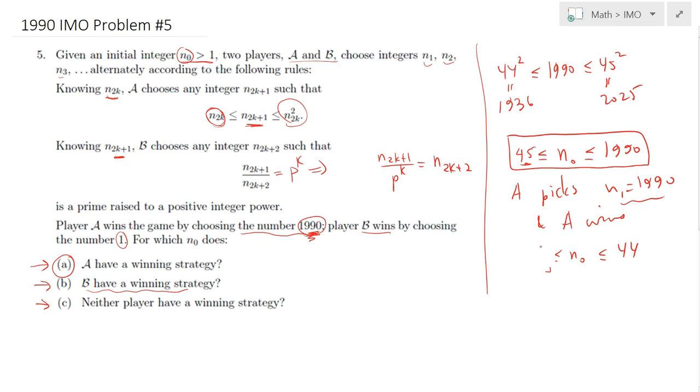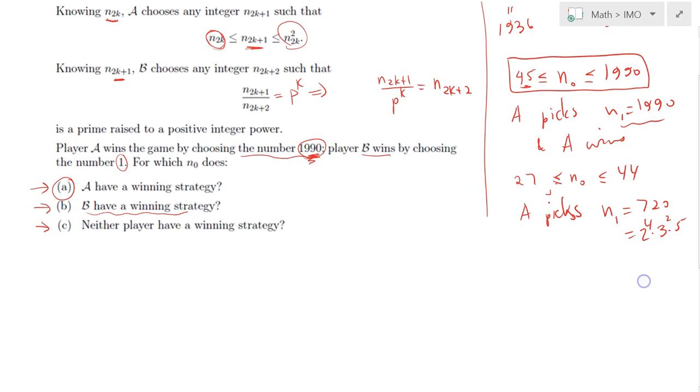In that case A simply picks n1 equals 720, which is 2 to the 4th power times 3 squared times 5. Once A picks this number 720, then B has multiple options.